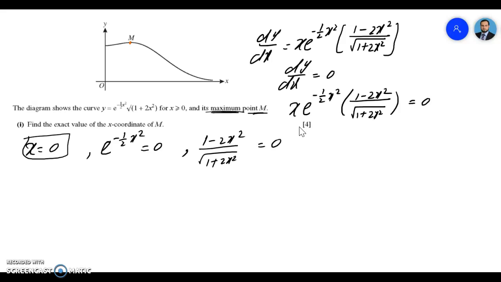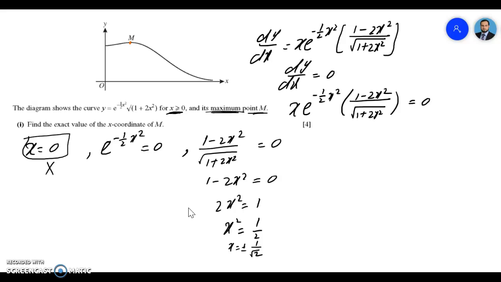Since the denominator cannot be equal to 0, we can set the numerator equal to 0, which means 2x squared is equal to 1, x squared is equal to 1 by 2, so x is equal to plus or minus 1 over root 2. We could also solve the exponential equation using ln of 0, but the question says x is greater than or equal to 0.